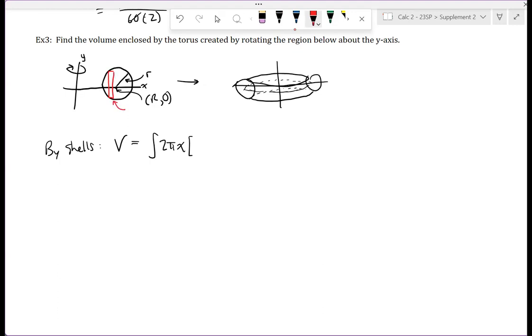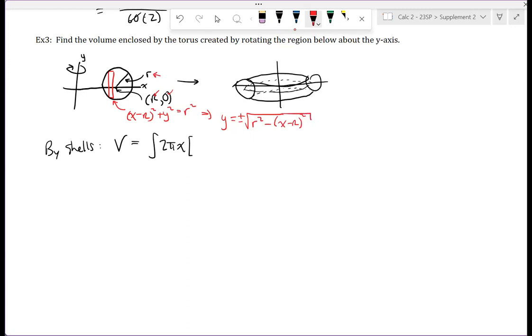Well, my function here is going to be (x minus big R) squared plus y squared, because my center is at big R, comma 0, equals little r squared, because that's my radius for the circle. Or this tells me that y is plus or minus root of little r squared minus (x minus big R) squared.